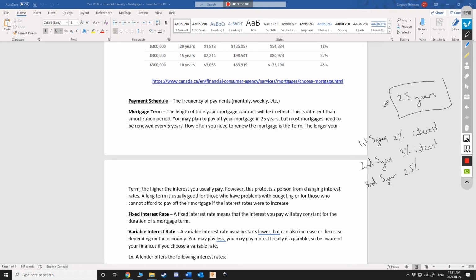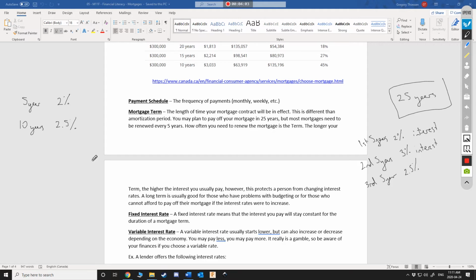So basically, with mortgage terms, they often give you different options. They might say, okay, we can give you this mortgage at a 5 year term for 2%, or you can lock in for 10 years, but we're going to charge you a little more. We'll charge you 2.5%.